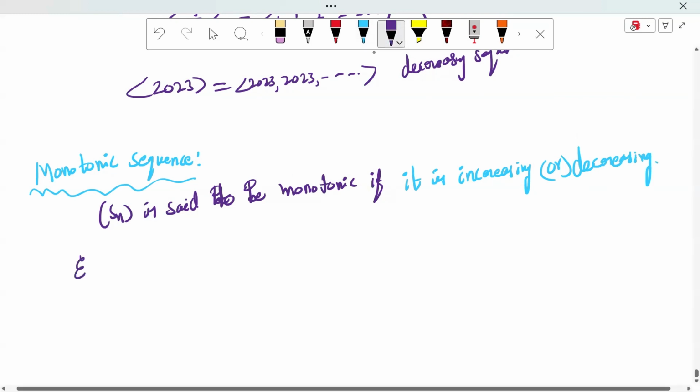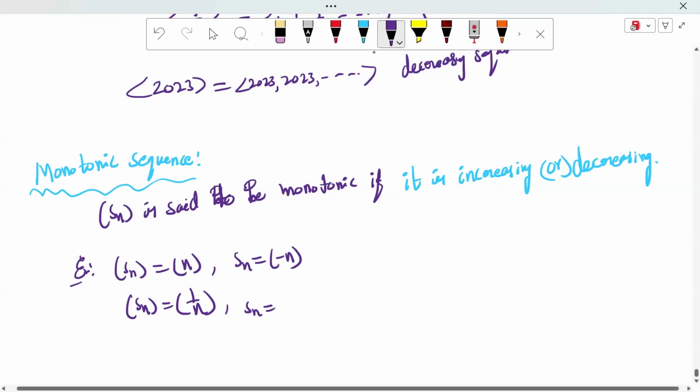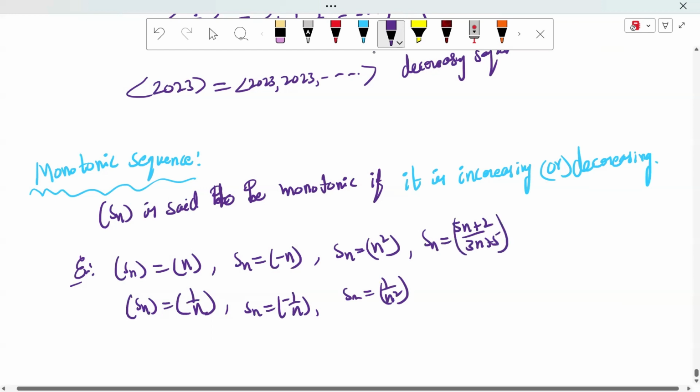For examples, we can take some examples. Sn is equal to n, an increasing sequence, so it is monotonic. Sn is equal to 1 by n, also a decreasing sequence, so it is monotonic. Sn is equal to minus n, Sn is equal to minus 1 by n, Sn is equal to n square, Sn is equal to 1 by n square, Sn is equal to 5n plus 2 by 3n plus 5, and Sn is equal to 3n plus 5 by 5n plus 2.